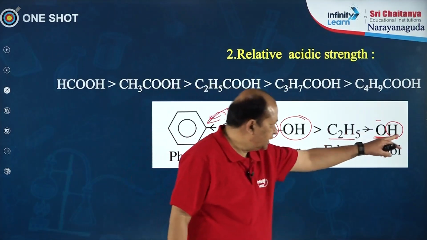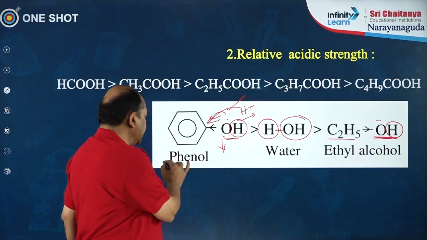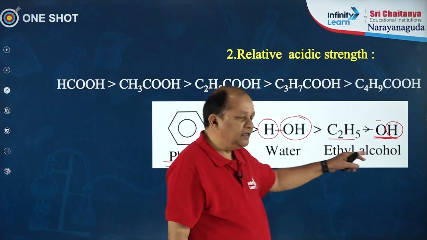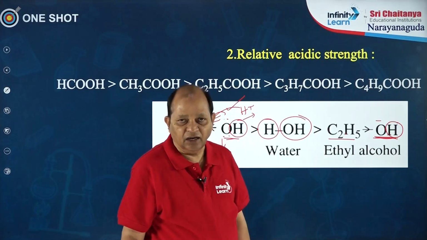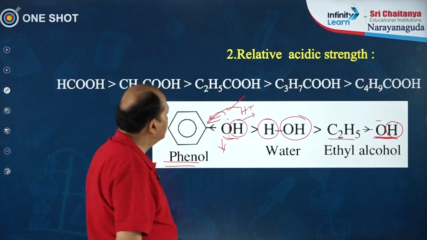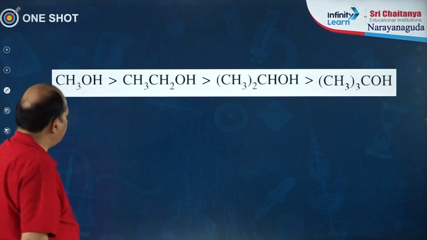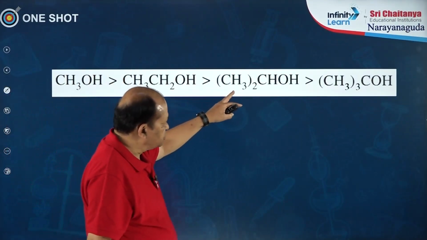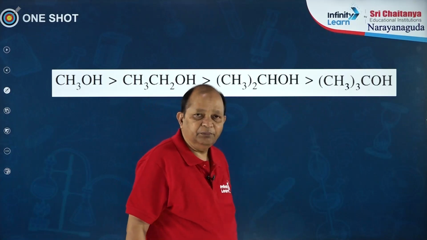So, therefore, we can say that phenol is more acidic than water, and water in turn is more acidic than ethyl alcohol. Now, the next application, methyl alcohol is more acidic than ethyl alcohol, followed by isopropyl alcohol and then tertiary butyl alcohol.